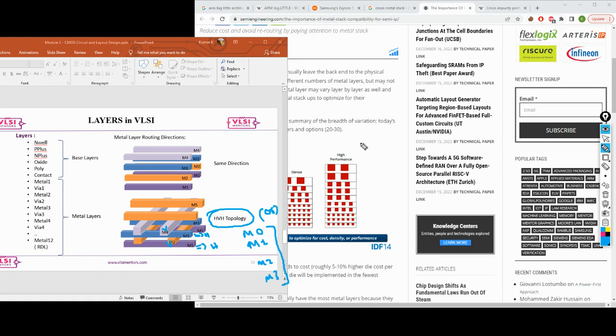The first layer, let it be M0, or if M1 is your first layer, is always going to be horizontal. The next layer is always going to be vertical. Now, if I have to show you what is the meaning of horizontal and vertical, let me bring up the tool.